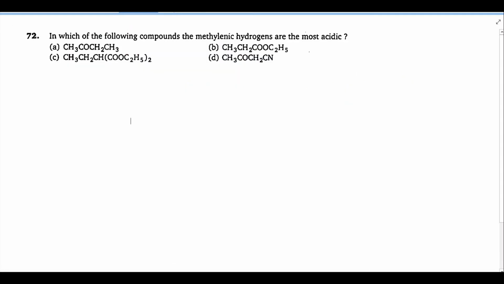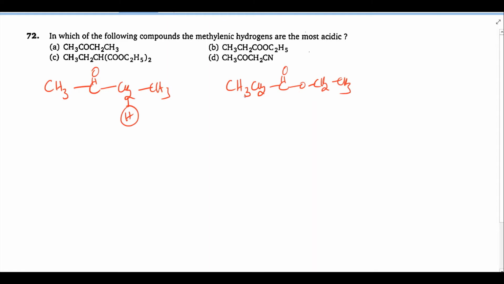Now, question number 72. Which of the following compounds' methylenic hydrogens are more acidic? First of all, you can take each and every example. CH3 C double bond O CH2 CH3: this hydrogen is acidic. CH3 CH2 COO CH2 CH3: this hydrogen is also acidic.